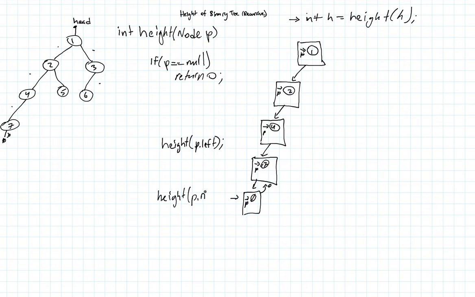So I call right here, and it's the same null, and it comes back to this call and returns 0. Now I have 0 from here and 0 from here, but I'm not using them. How am I going to use them? Let me assign them to variables. This will be our left, and this will be our right.